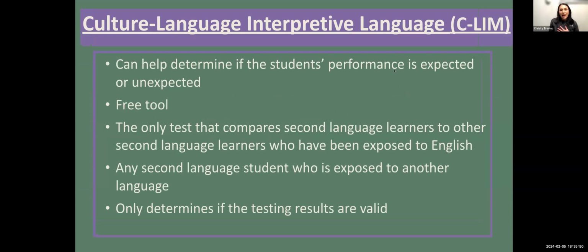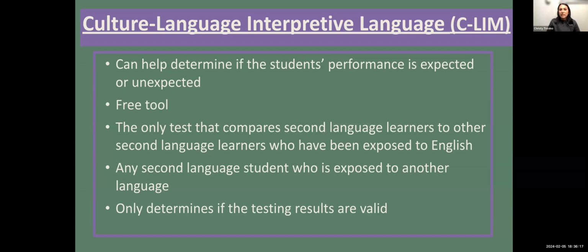One other thing that I use is the CLIM, the cultural and linguistic interpretive matrix. This is just a tool that helps you determine if the testing results are valid. I have a link that will also be posted; it's a free tool for anyone to use.